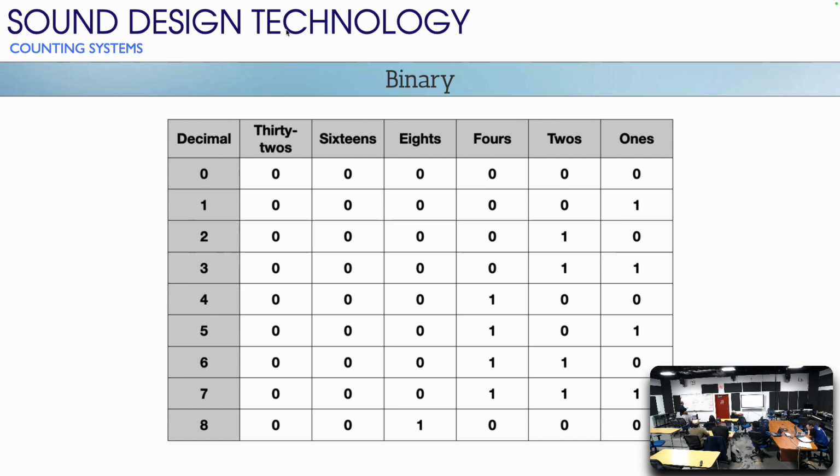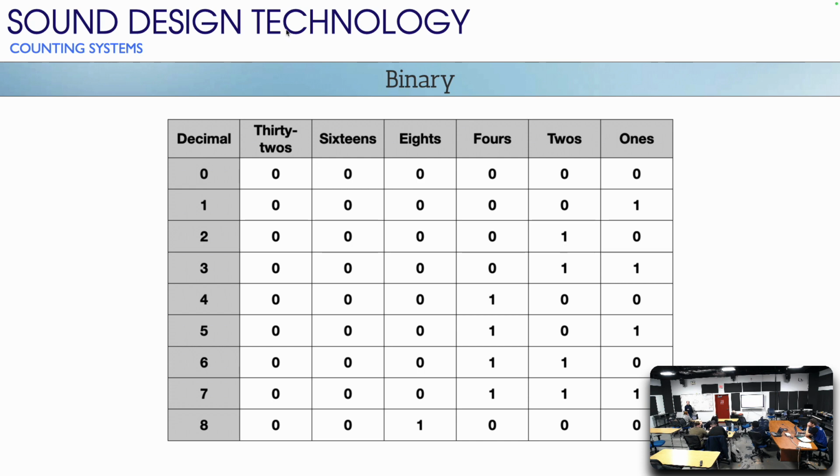Okay? So, what is 128 plus 64 plus 32 plus 16 plus 8 plus 4 plus 2 plus 1? 255. So that's 255 in hexadecimal. That is 255 in decimal.